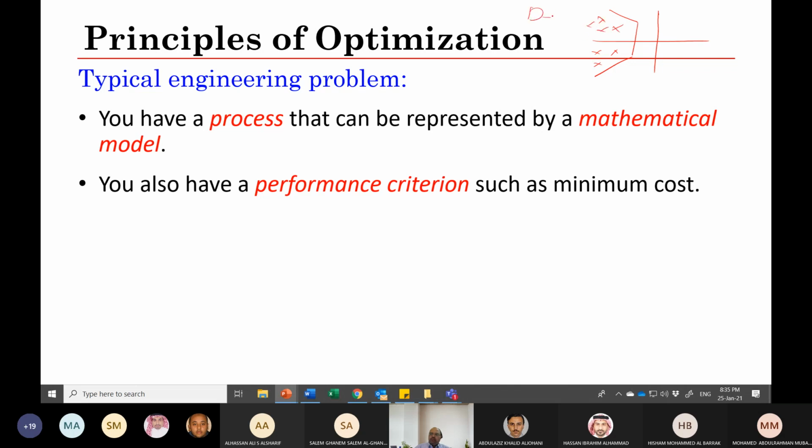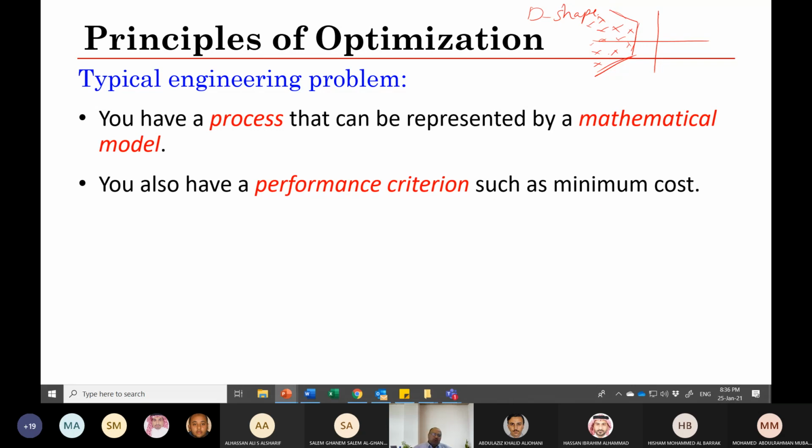We call it D shape. So you can have a controller and you optimize its parameters to give you the eigenvalues in this shape. So you define this performance index, and then you can do this.